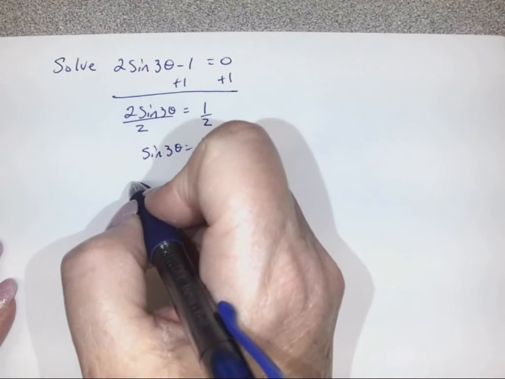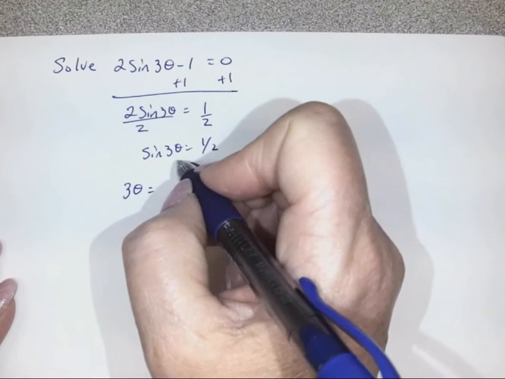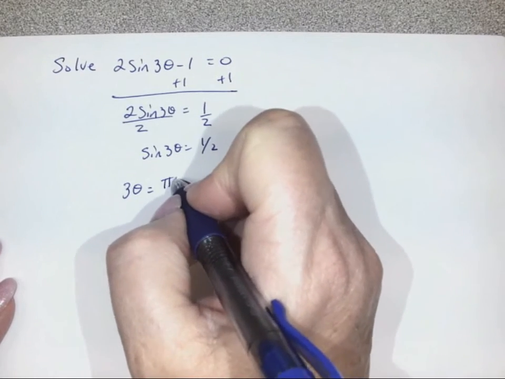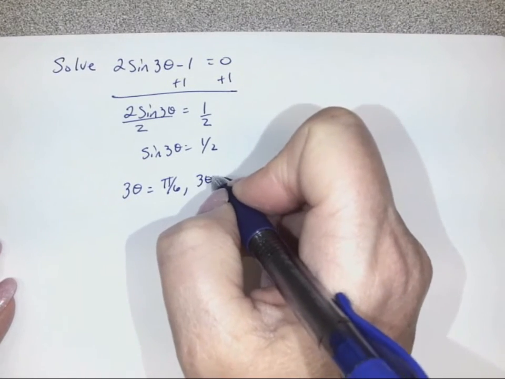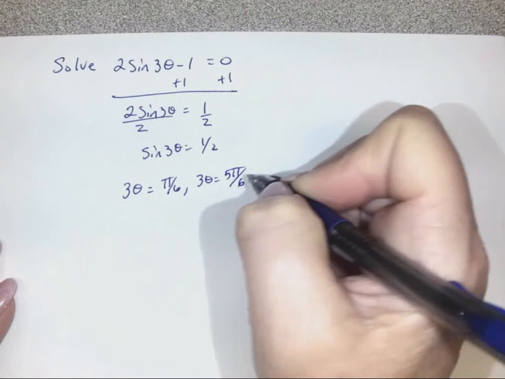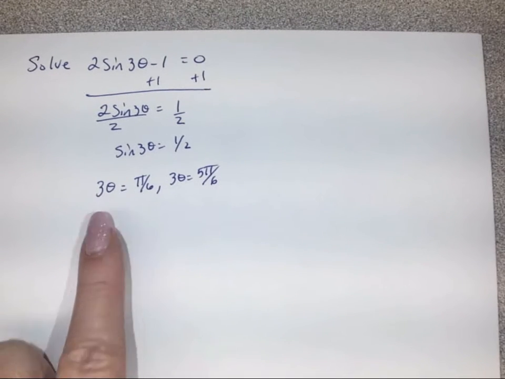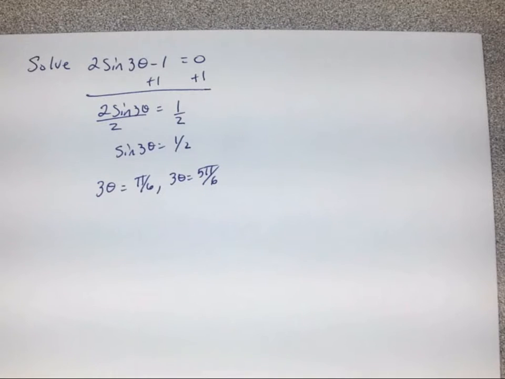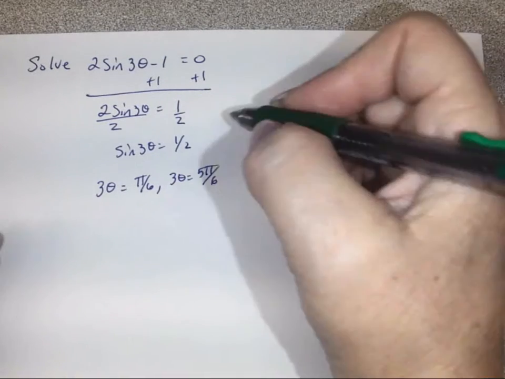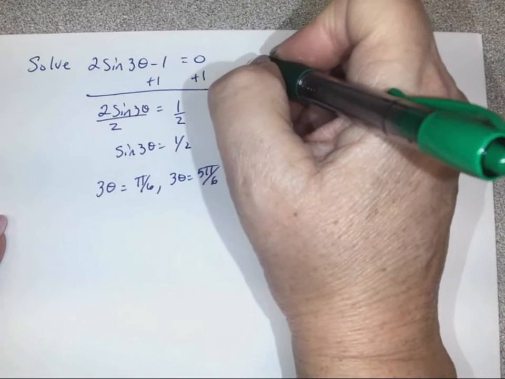So we know that 3 theta is going to be equal to pi over 6, and 3 theta equals 5 pi over 6. The difference is we didn't get theta this time. We have 3 theta, so we're going to have to divide both by 3. So let's bring these up here.